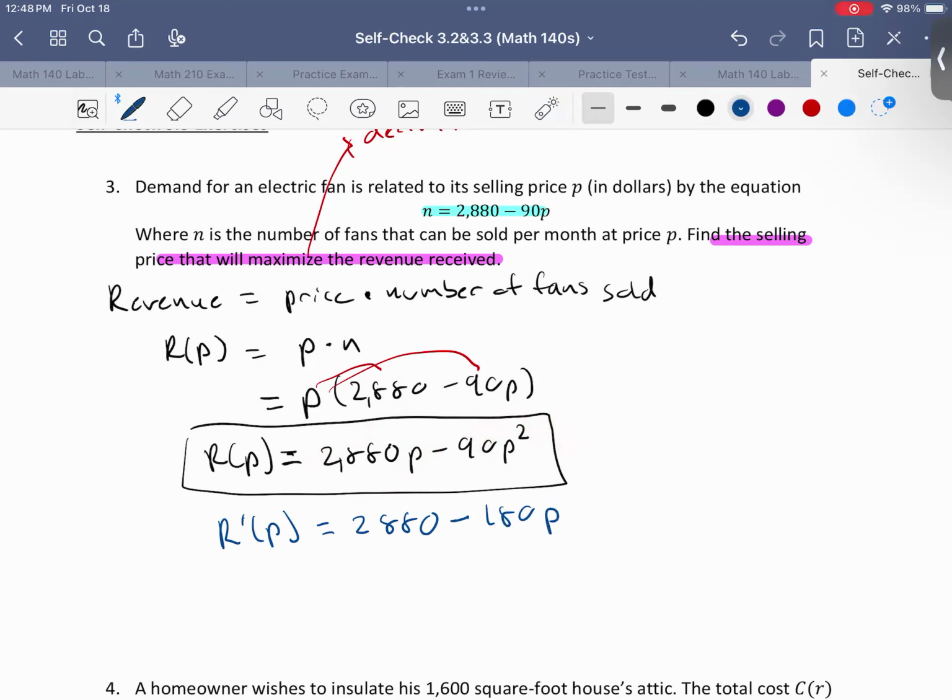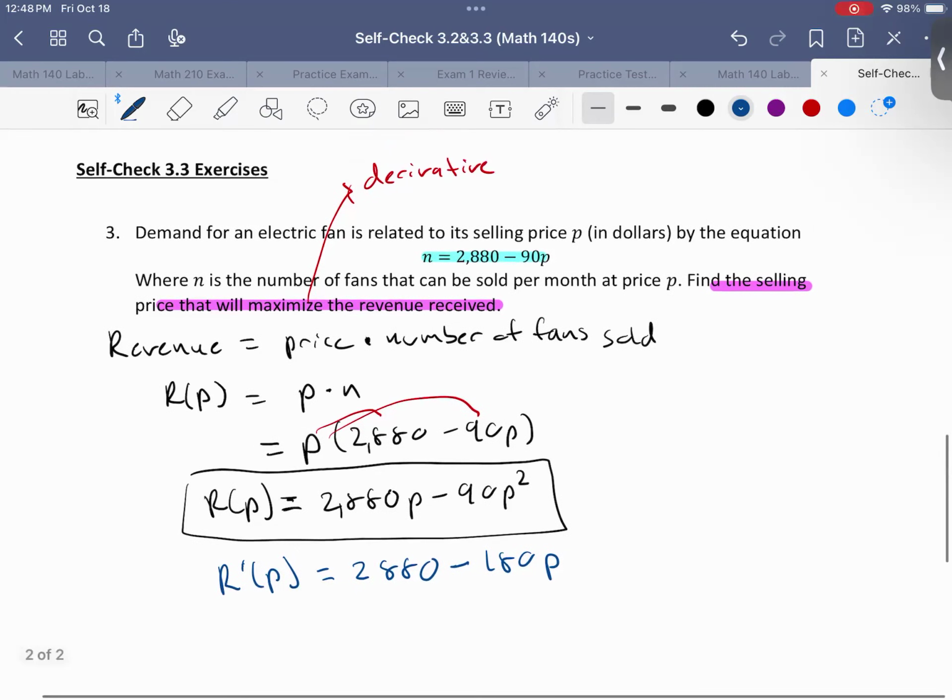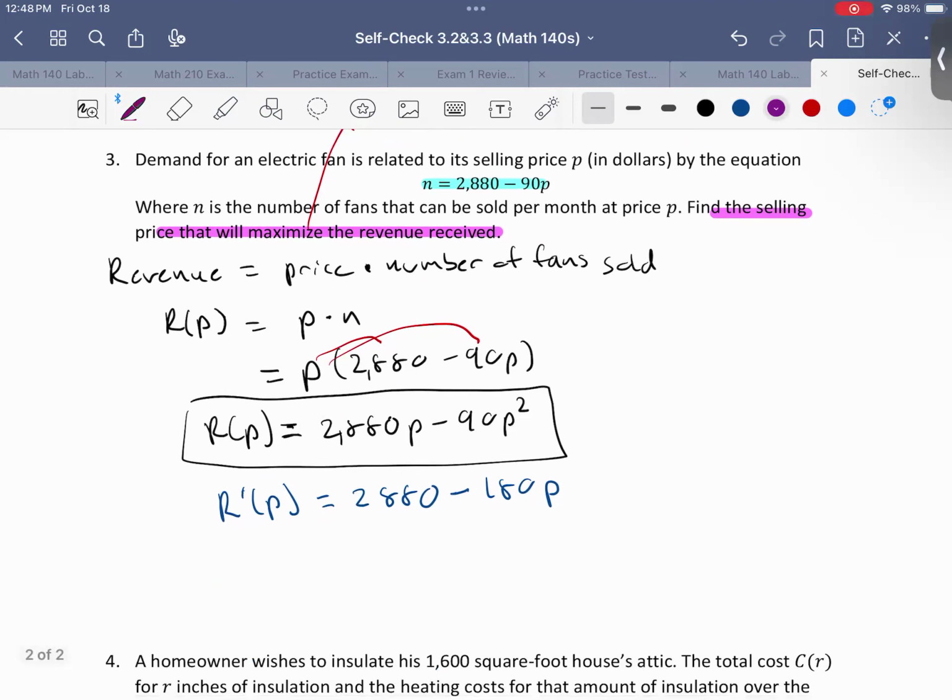Okay, so we take the derivative, right? But how do we find the maximum? So what we need to do is actually set this equal to 0 and then solve for P. So take derivative, set equal to 0. Okay, so I'm going to set this equal to 0 and then just solve for P. So I'm going to add 180P to both sides.